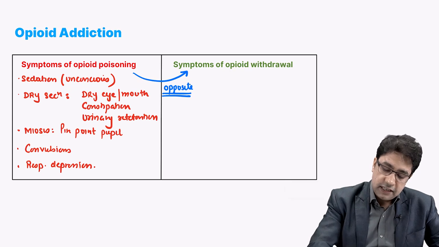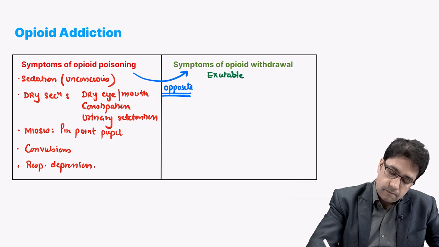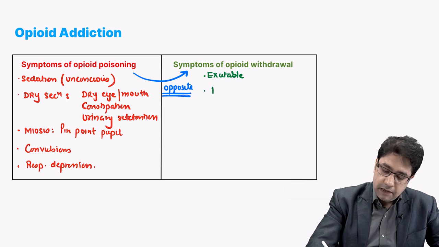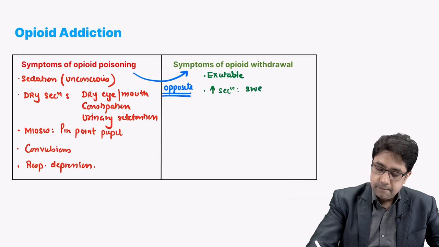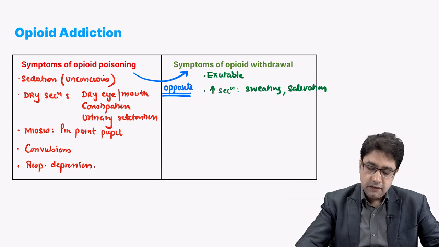Instead of sedation, the person will be highly excitable. Can we say there will be increased secretions like sweating, excessive salivation? Similarly, diarrhea and excessive urination can also be there.